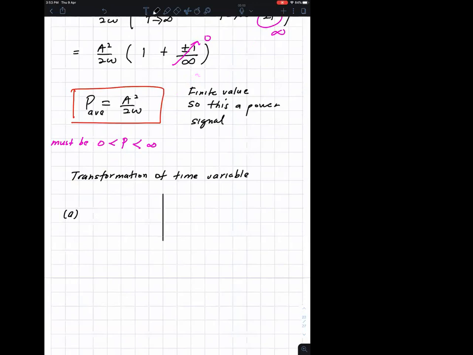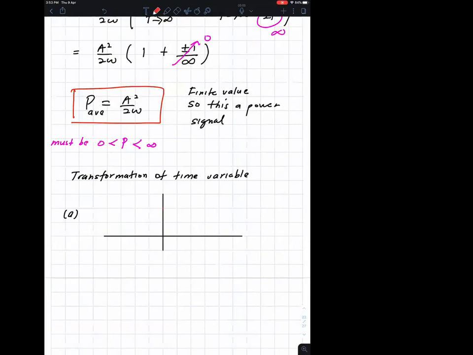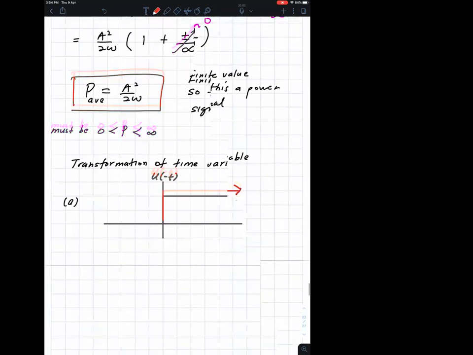Let's say you have a signal like this. Let's say this is x of t, and x of t is a u of t or something, for example. Okay, sorry, positive u of t.